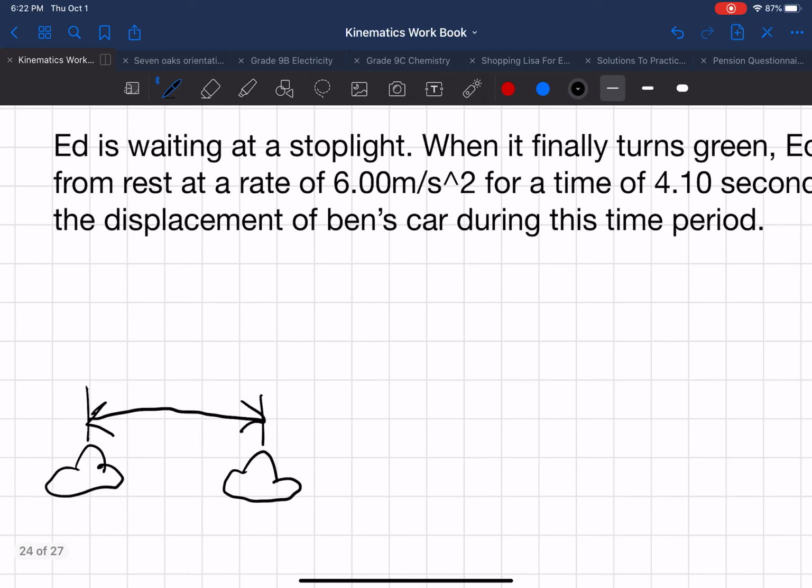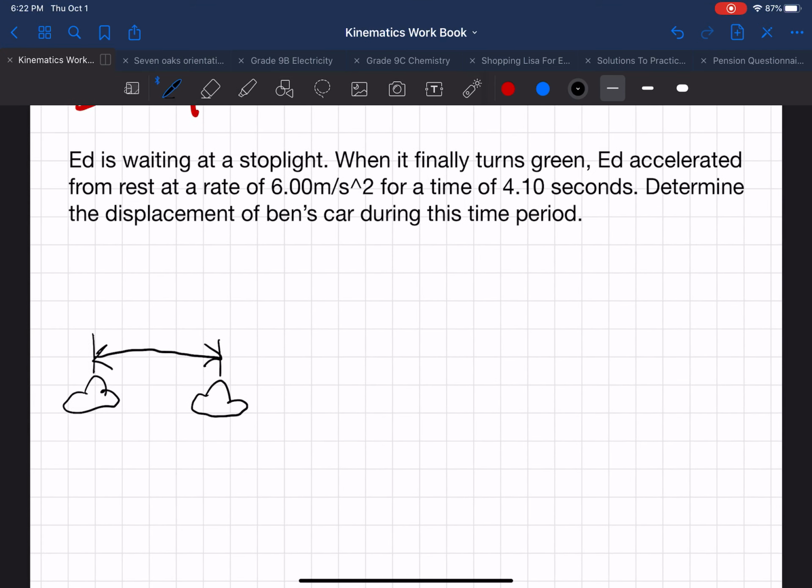I'm going to place out what we know, what was given. So we know that time equals 4.10 seconds. The acceleration is 6.0 meters per second squared. And now we want to know the distance; the distance is equal to, we don't know.